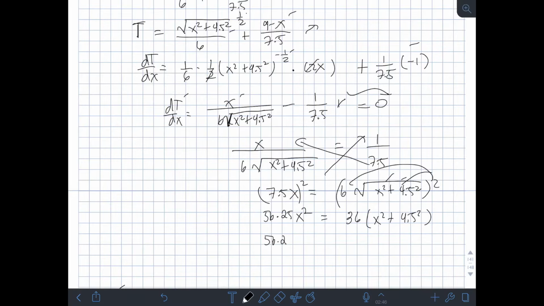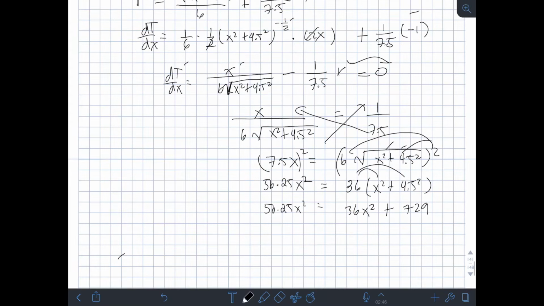So 56.25x square equals, distribute 36x square plus 36 times 4.5 square is what? So 4.5 square is 20.25 times 36, 729. So, transpose ko dito si 36x square. So, 56.25x square minus 36x square equals 729.